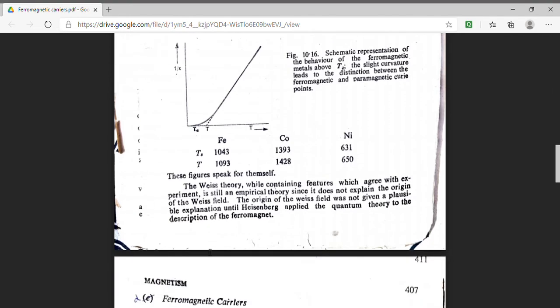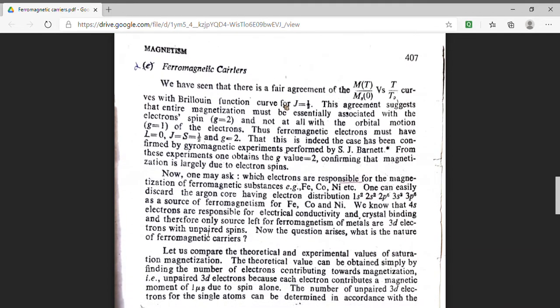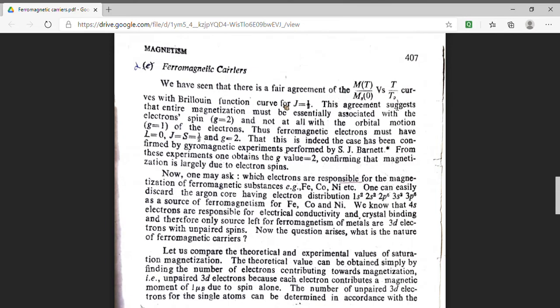Now, we are moving over to another important topic in the field of magnetism, that is ferromagnetic carriers. We have shown from the graph of M upon Ms versus T by Tc that ferromagnetism arises because of spin movement, because we have proved from the intersection method that for J equal to half, the curve best fits.